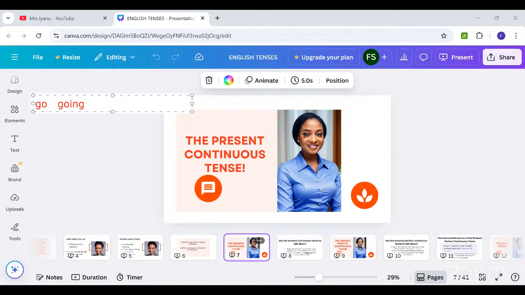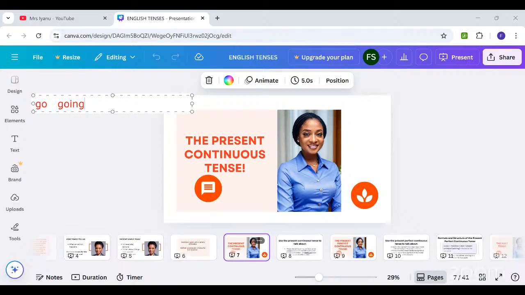So present continuous tense are the tenses that always take ing. Going, sleeping, learning, working, shouting, etc. On and on like that. So that is the continuous tense.